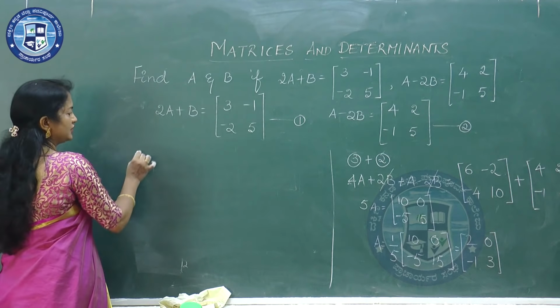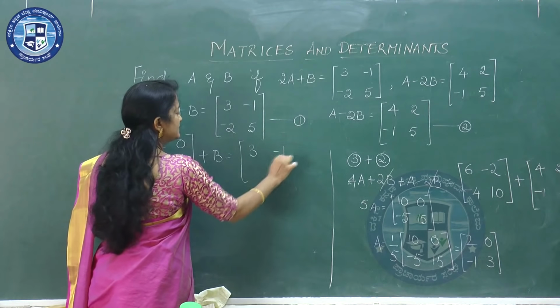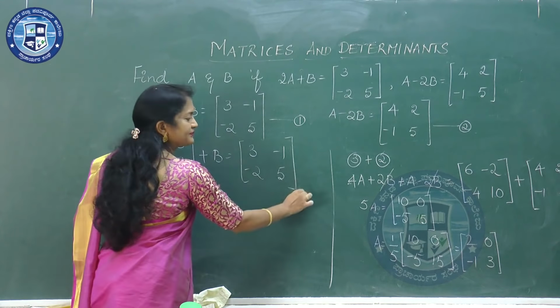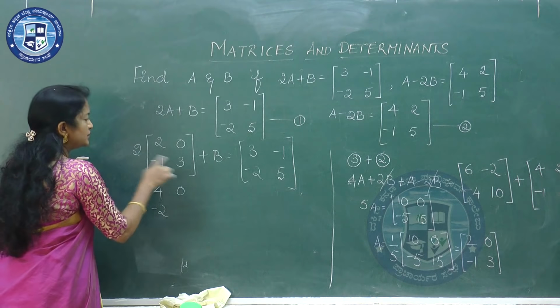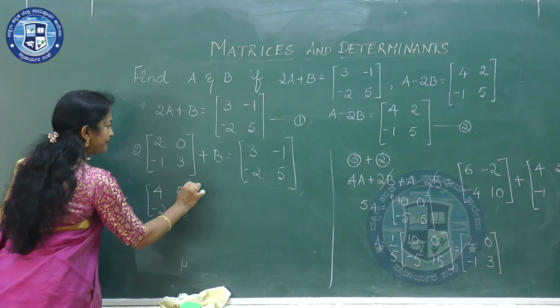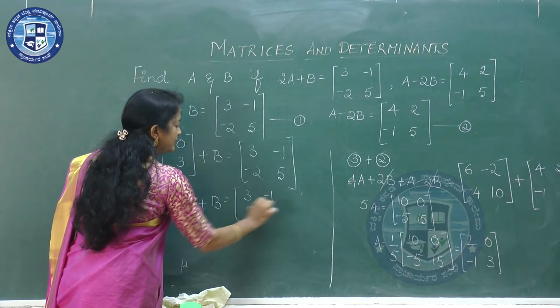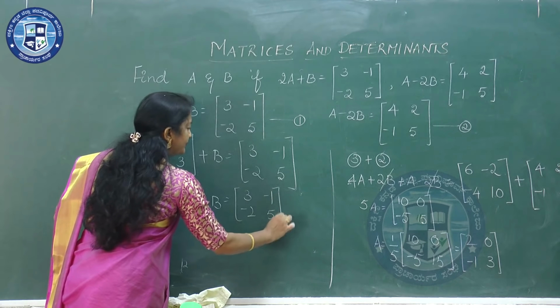So that is 2 into [2, 0; -1, 3] plus B is equal to [3, -1; -2, 5]. We just substituted the matrix A in this first equation. 2 into 2 is 4, 2 into 0 is 0, 2 into -1 is -2, 2 into 3 is 6, plus B is equal to [3, -1; -2, 5].